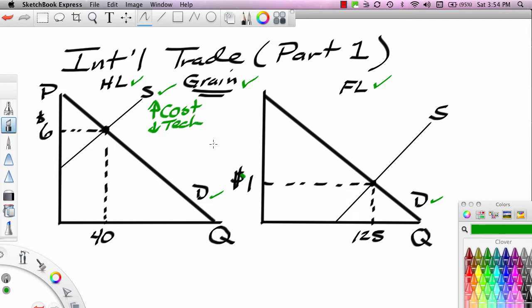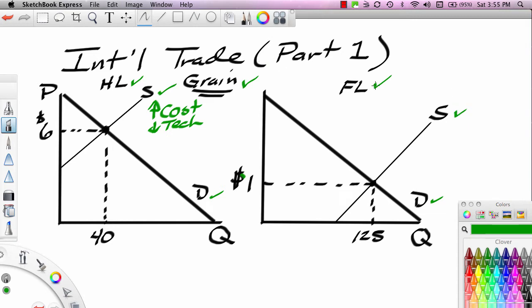Now, it can be self-sufficient. If it has to make its own grain, it can do that. But what we're going to see later in the analysis is that it can better itself by actually cooperating with Flatland and actually buying Flatland grain. Now, if you come over here to Flatland, you see that the supply curve is way to the right. It's moved way over to the right.